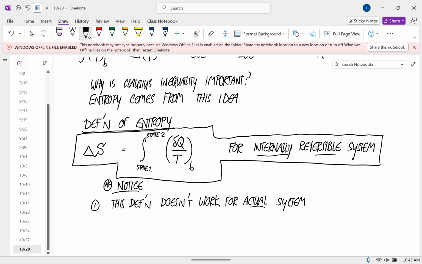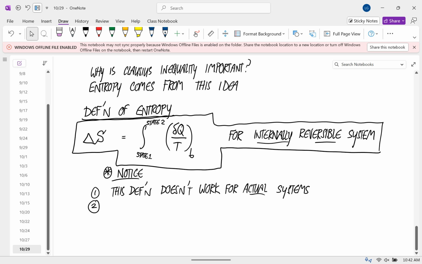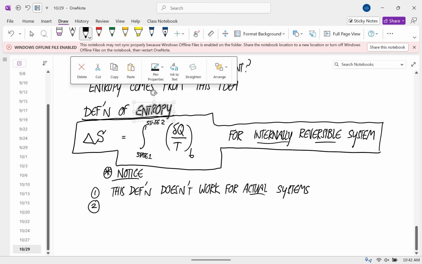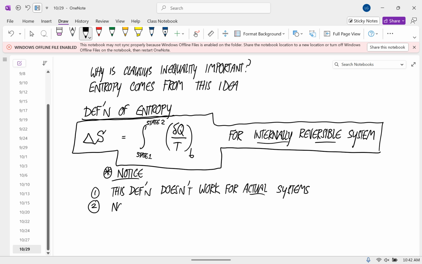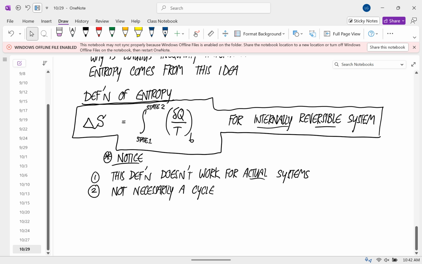Okay. And then second, notice that the Clausius inequality was for cycles. This is not necessarily a cycle. This is for any two states. And let me say a little more about this number two.